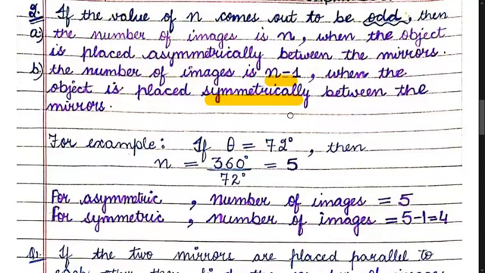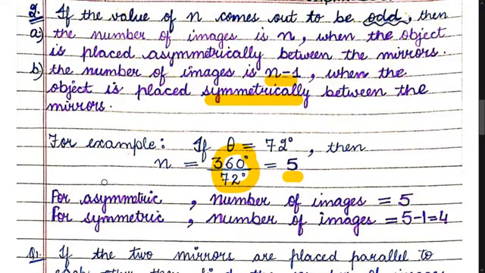For example, if the two mirrors are inclined at 72 degrees with respect to each other, then if theta is 72 degrees, the value of n will be 360 divided by 72, which comes out to be 5. Now 5 is an odd number.